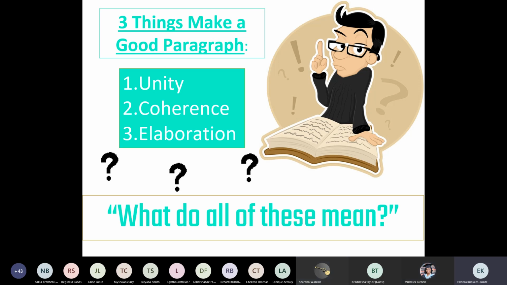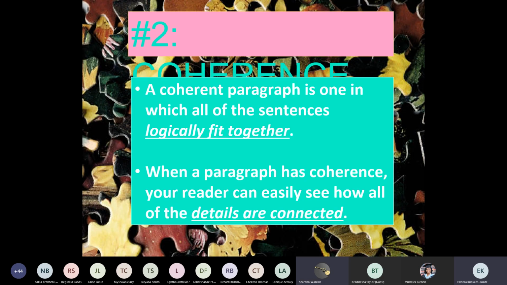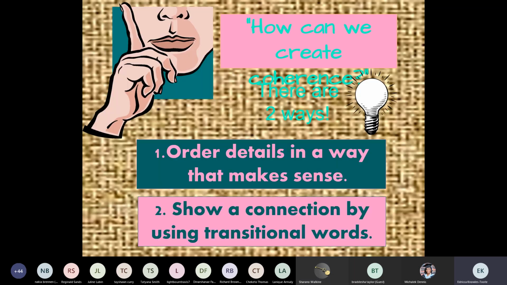So let's just review then. Unity, coherence, elaboration. We went over paragraph unity, having all of the sentences being directly related to the main idea. Coherence, all of the sentences logically fitting together. The reader can see how all of the details are connected.